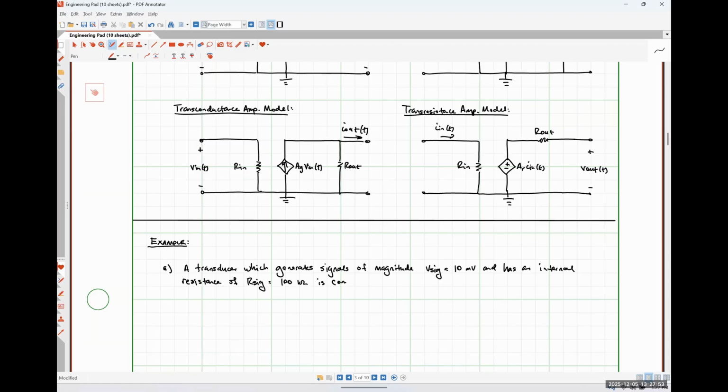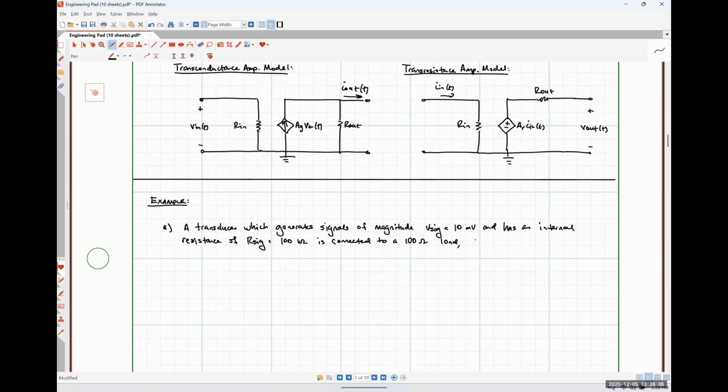Is connected to a 100 ohm load, as shown below.